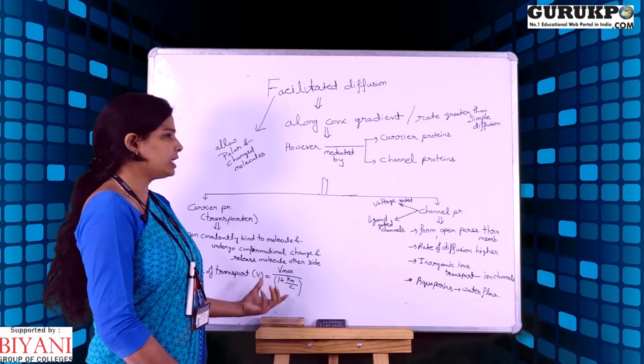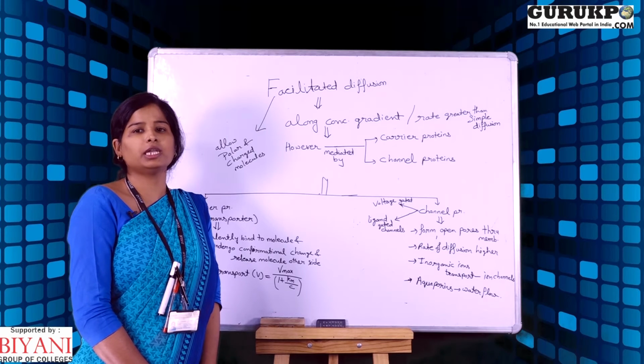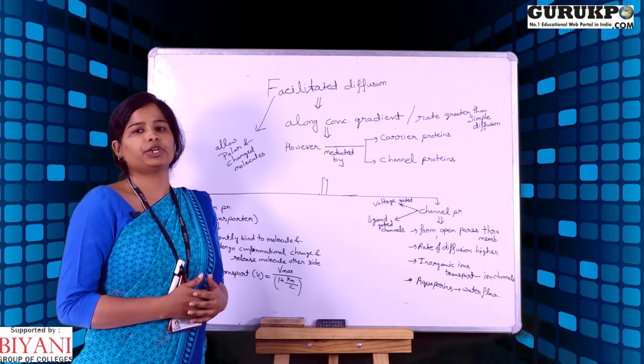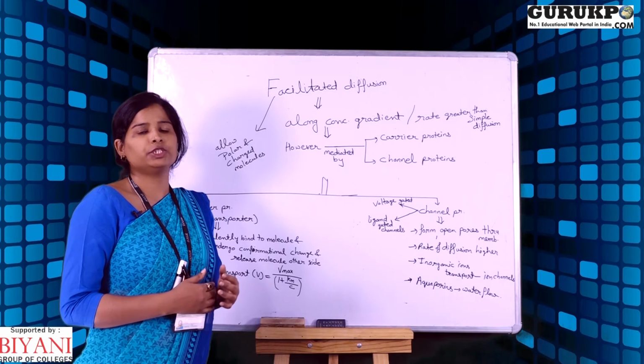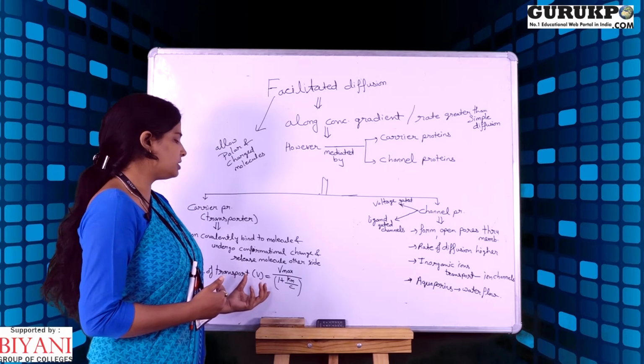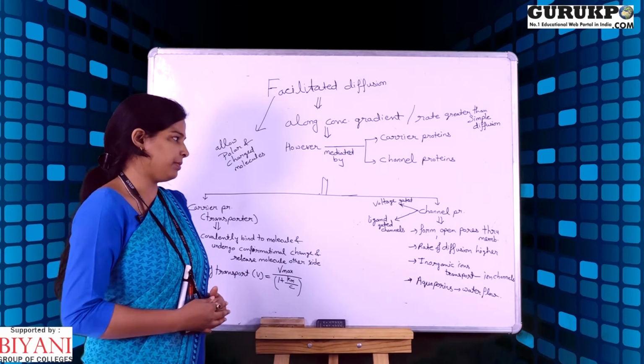This equation is equal to the Michaelis-Menten equation in enzymology, where we examine the rate of reaction catalyzed by an enzyme. Here this equation gives the rate of diffusion across the plasma membrane.